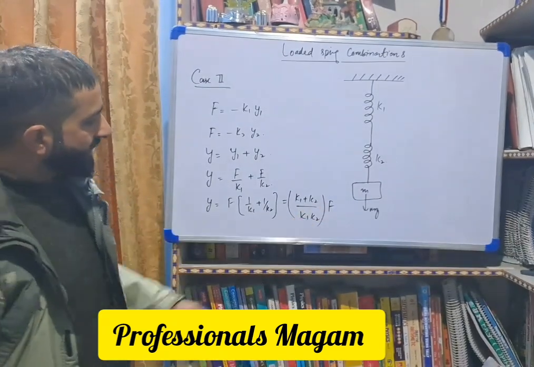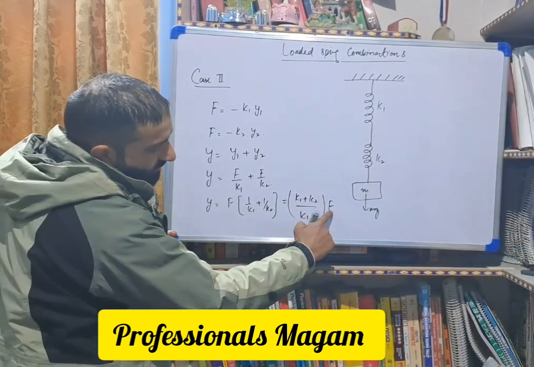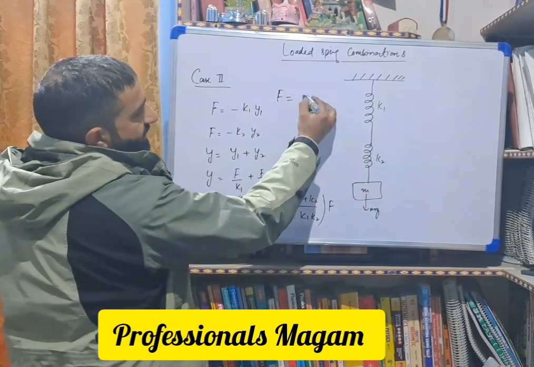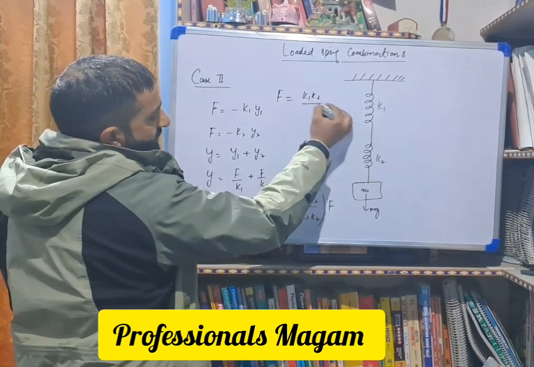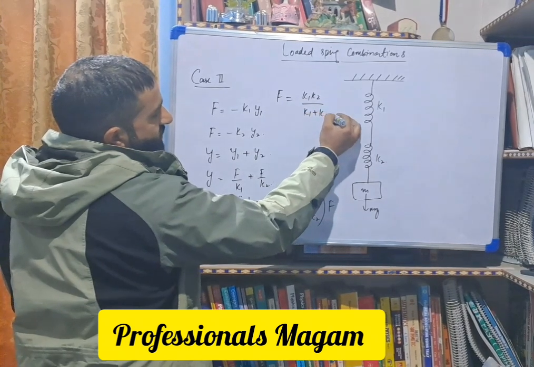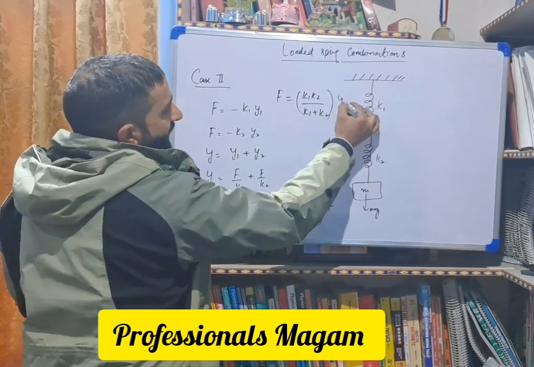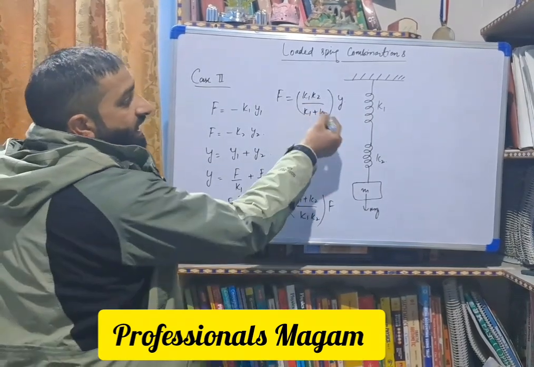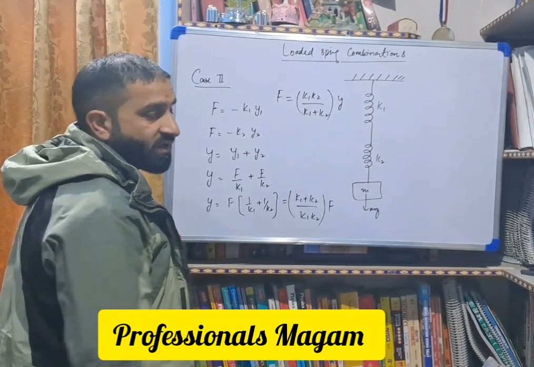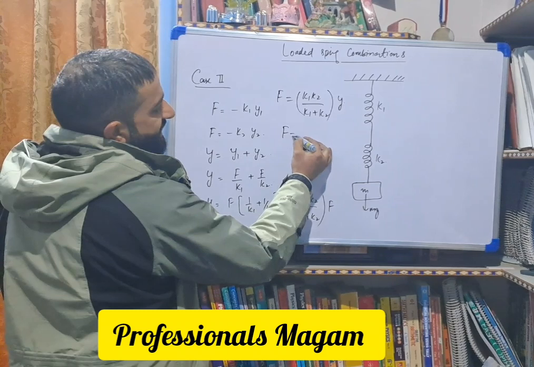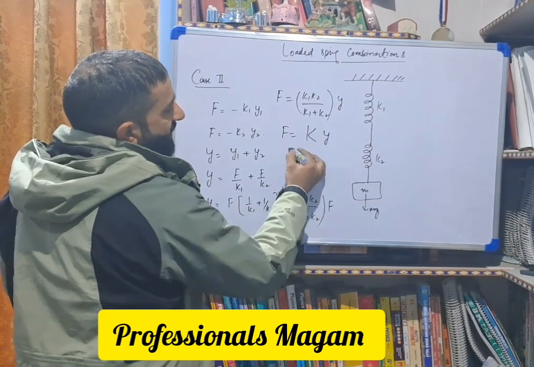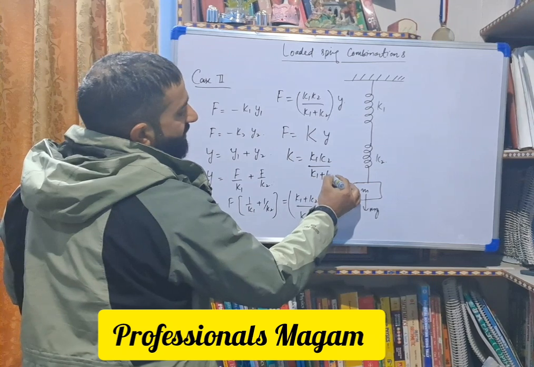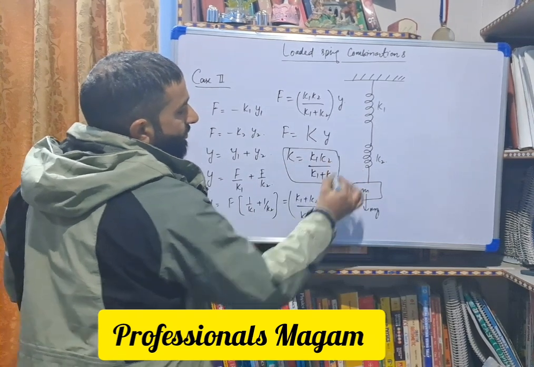Now going for the total restoring force, the total restoring force F will be equal to, cross multiplying it, K1K2 divided by (K1 plus K2) into Y. Now, if K is the spring constant of the combination, we can say that F is equal to Ky, where K is K1K2 divided by (K1 plus K2).